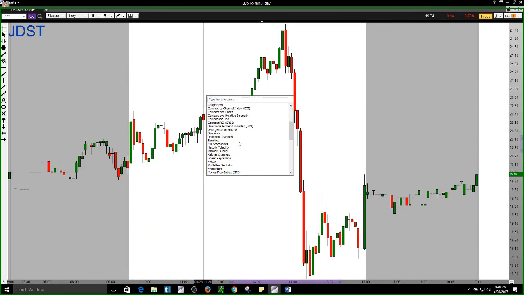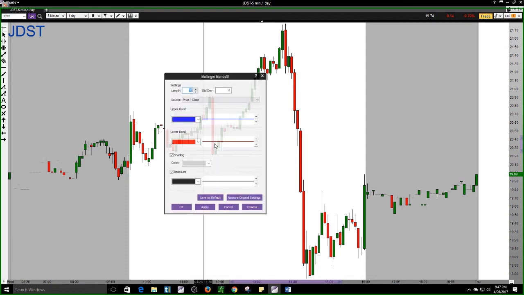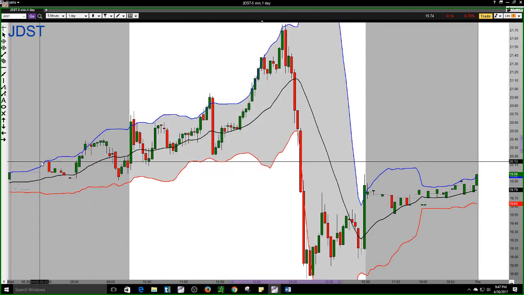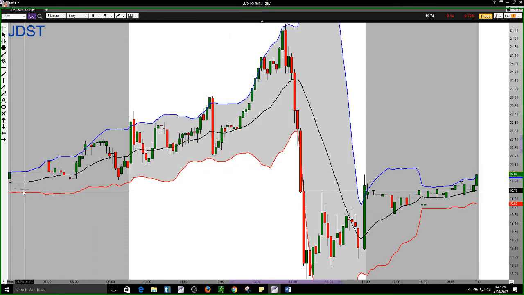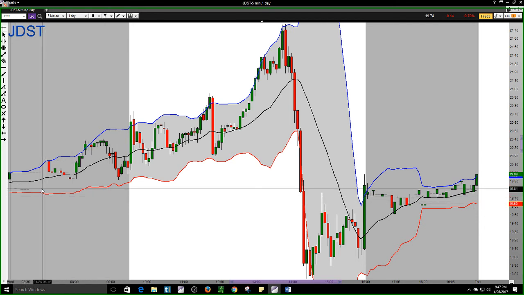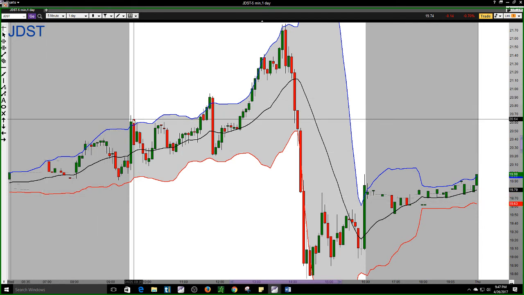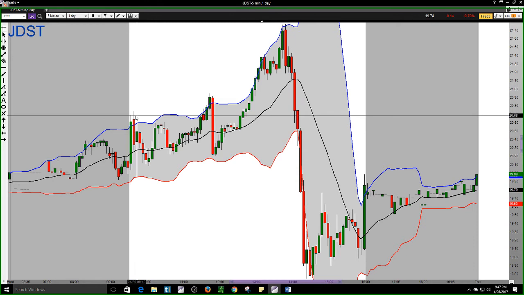Somebody brought up Bollinger Bands, so let's bring up Bollinger Bands. Again, these are factory default settings. Usually on Bollinger Bands, when it pokes through the top side, you want to be on the reverse end, right? So you short it if it pokes through the upper band.